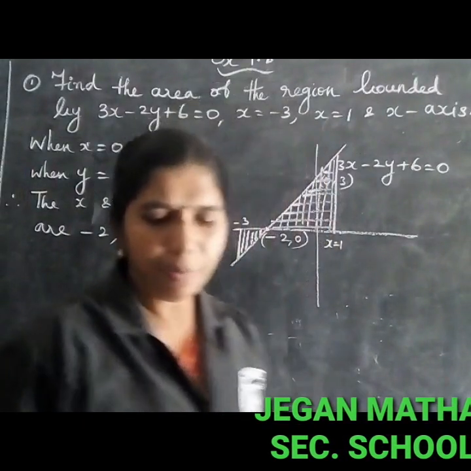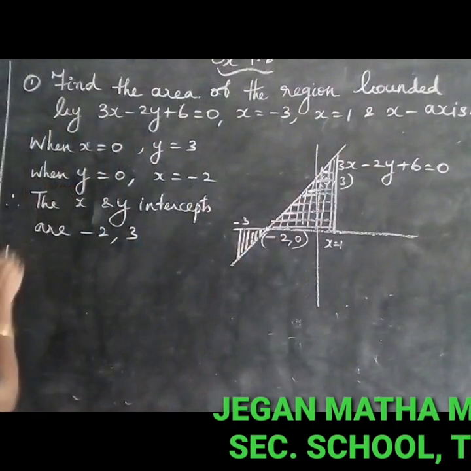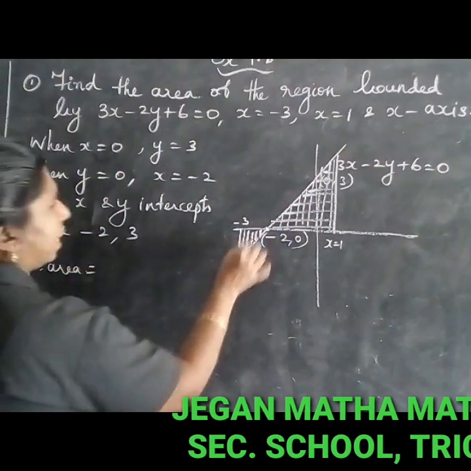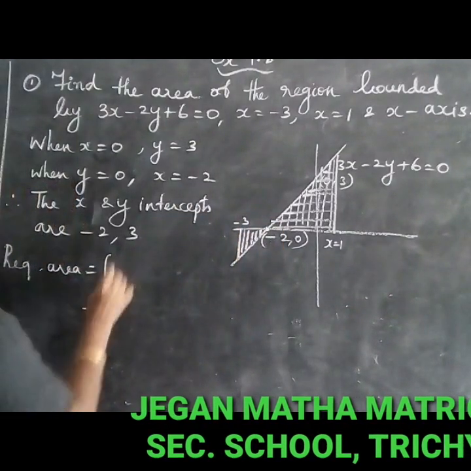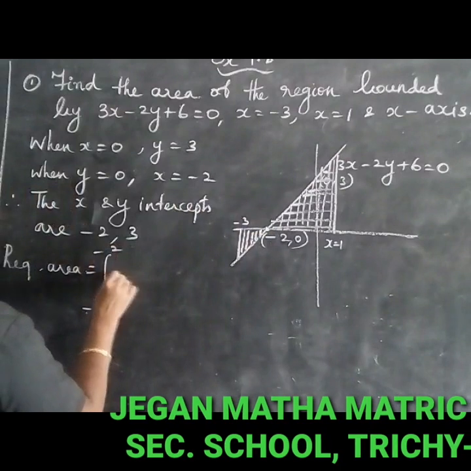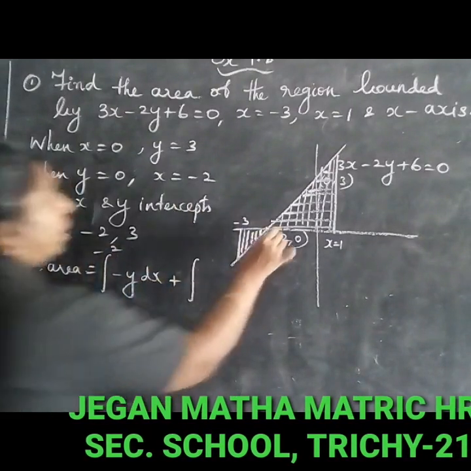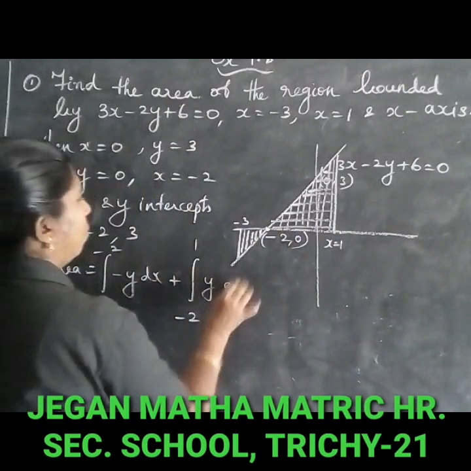So from the figure, the required area is equal to the integral from minus 3 to minus 2 of minus y dx, plus the integral from minus 2 to 1 of y dx.